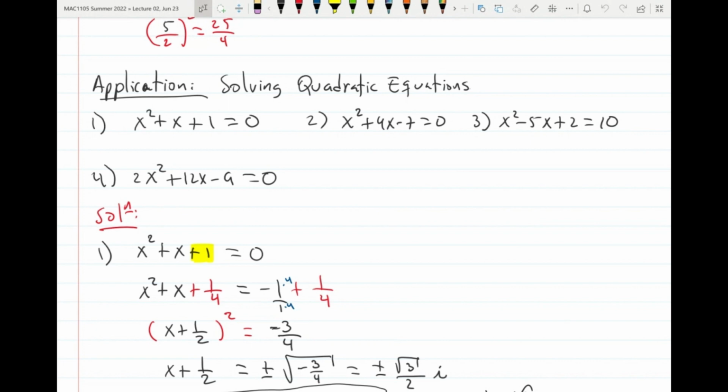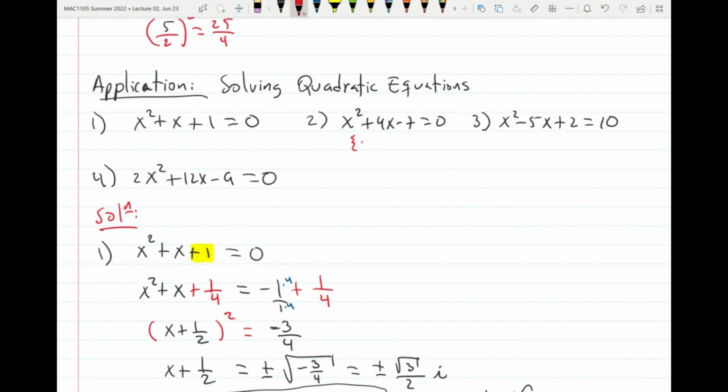Okay, so let's see. Do you guys have solutions for number 2? What do you get? The square root of 11 minus 2, or x is equal to the negative square root of 11 minus 2.